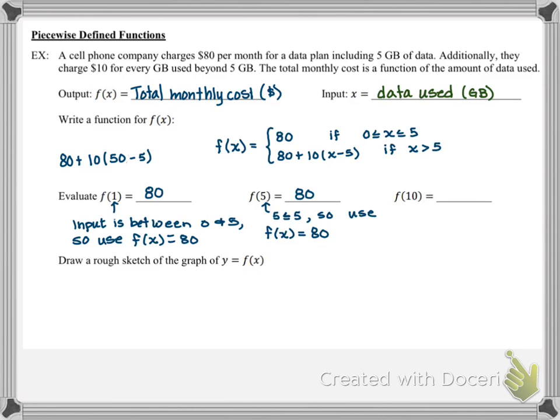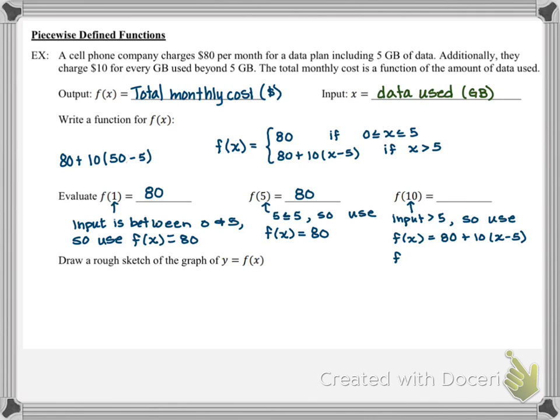So now to do f of 10, here my input is greater than 5. 10 is greater than 5. So we're going to use the second line, f of x equals 80 plus 10 times x minus 5.